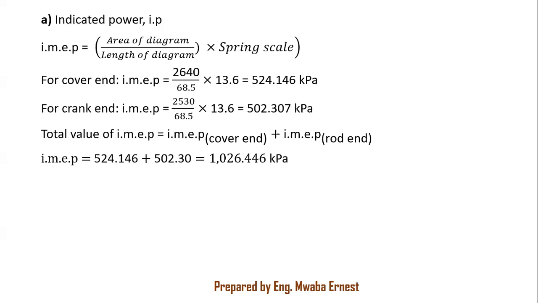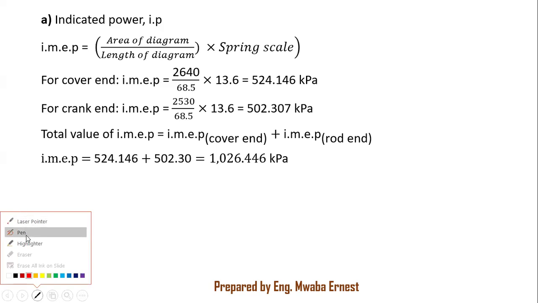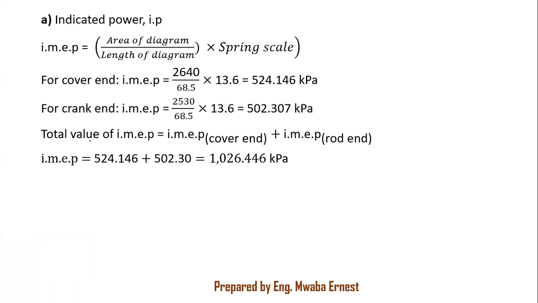So the total that we get is 1026.446 kilopascals. This answer is not for the cover end or the crank end. This is actually what we're looking for. This is now our actual indicated mean effective pressure for this engine.